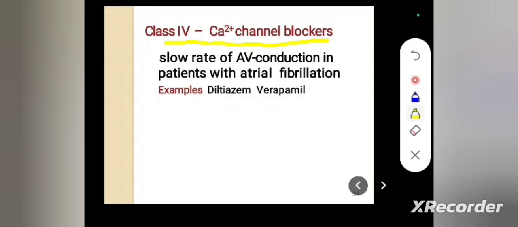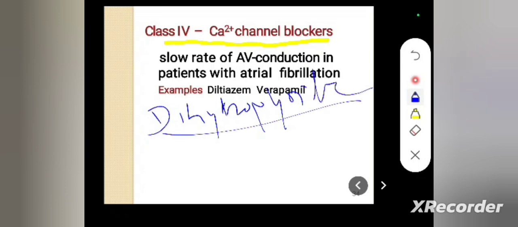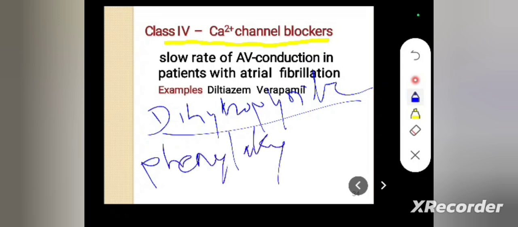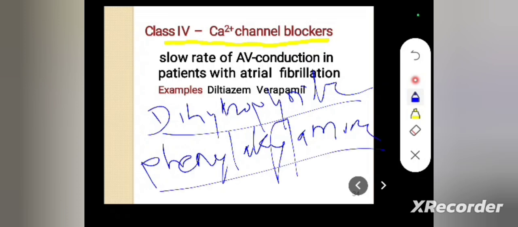As we know, calcium channel blockers include different drugs, so we can chemically classify the calcium channel blockers into two categories: the dihydropyridines, which are one major class of calcium channel blockers, and the second class, the phenylalkylamines. So these are the two main chemical classes of calcium channel blockers.